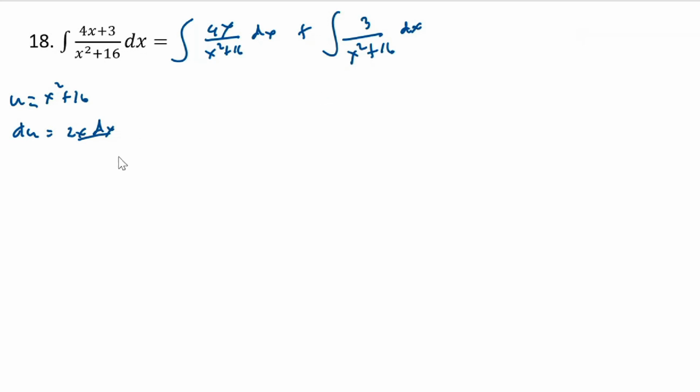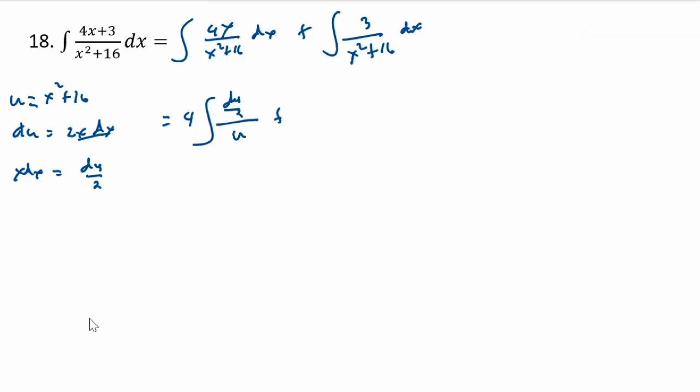Now, applying u du in the first term because there is x dx in the first term. So I'm going to solve first x dx. So therefore, this is now du over 2. So rewriting that one, I have now 4 times the integral of x dx, which means du over 2, all over u.